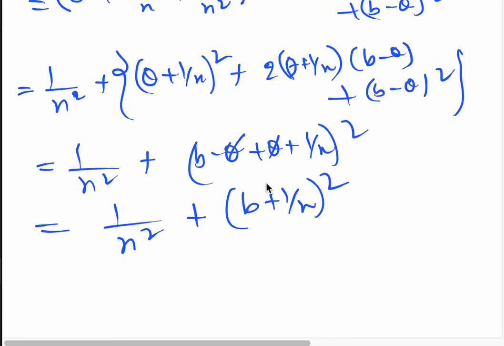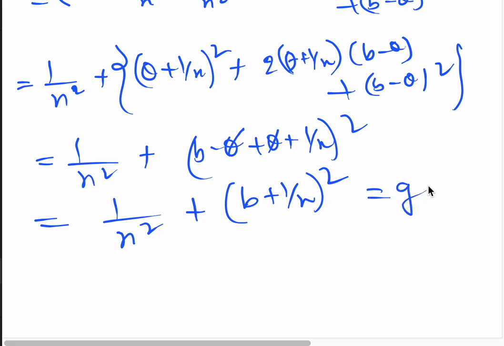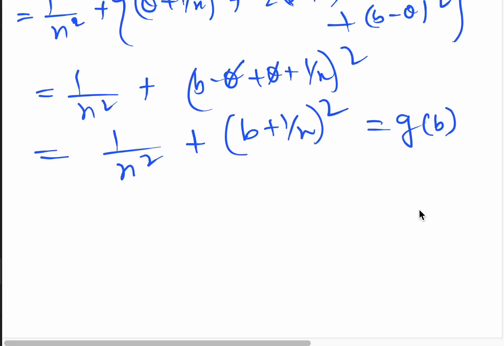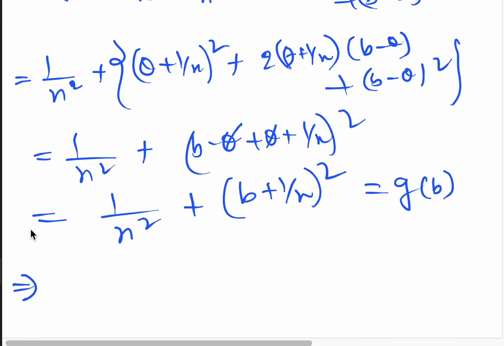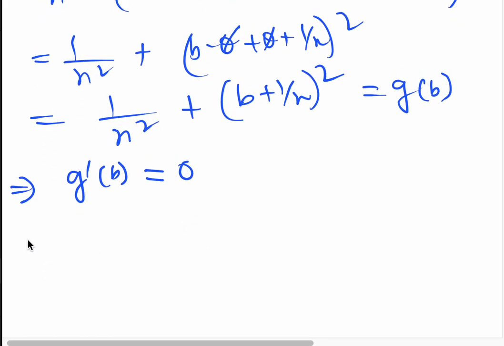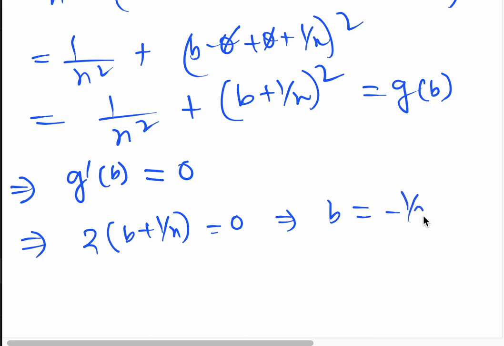Now say this is g, a function of b. Now for the smallest mean square error, we have to find such values of b where this is smallest, that means g prime b will be 0, that means 2(b + 1/n) will be 0, that means b will be −1/n.